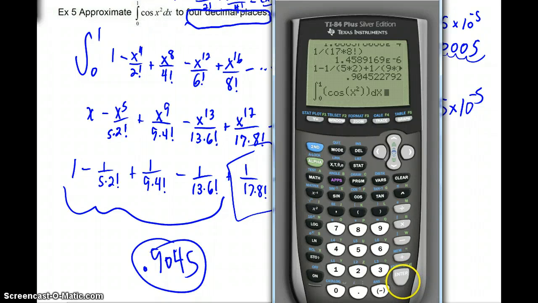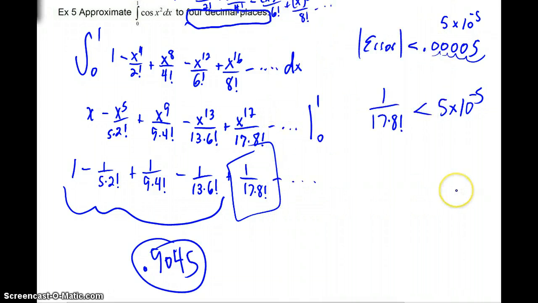I did work this out with an fnInt. You can see we're remarkably close to what the calculator is giving us. And if you notice here, we're only using 4 terms in the series. So that's really what we're doing today. I hope this is making sense. Best of luck to you.